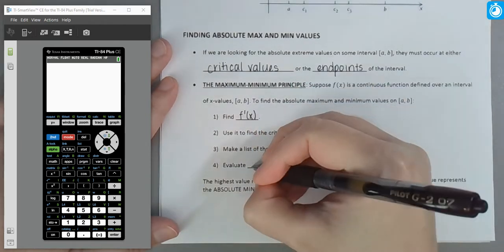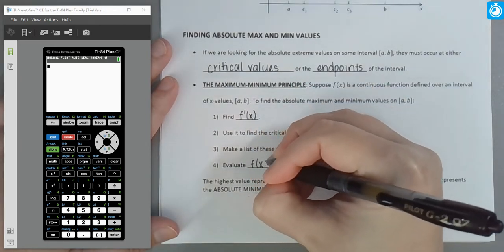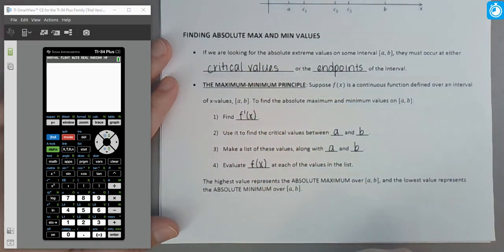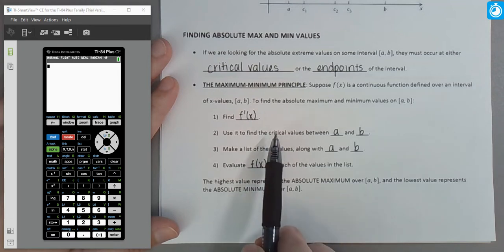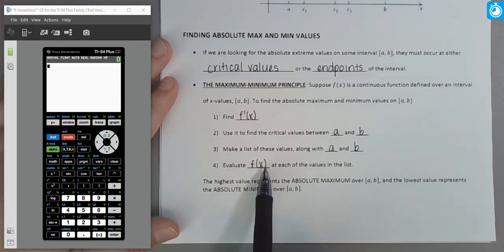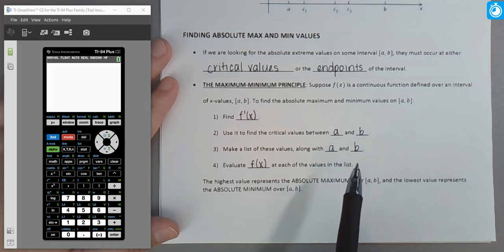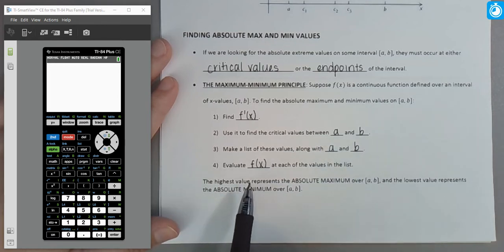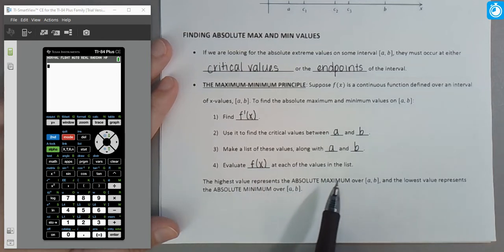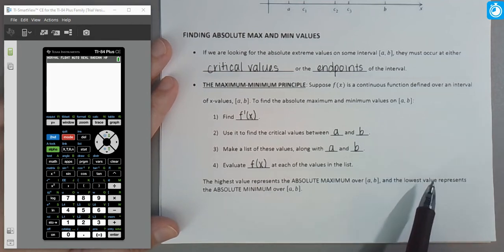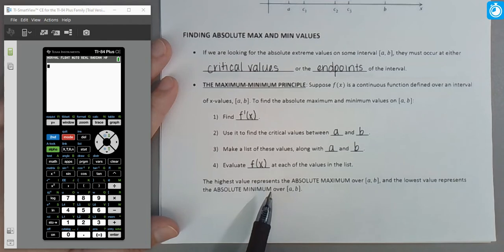And then we're going to evaluate our function, f of x, the actual function, at each of the values in the list. So we're checking f of x at our critical values, and we're also checking f of x at a and at b. So the highest value that results from evaluating each of these x values plugged into our function represents the absolute maximum over our interval, and then the lowest value represents our absolute minimum.